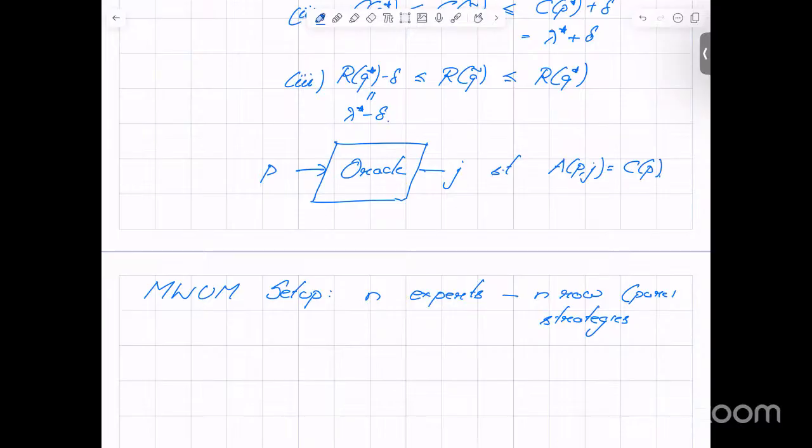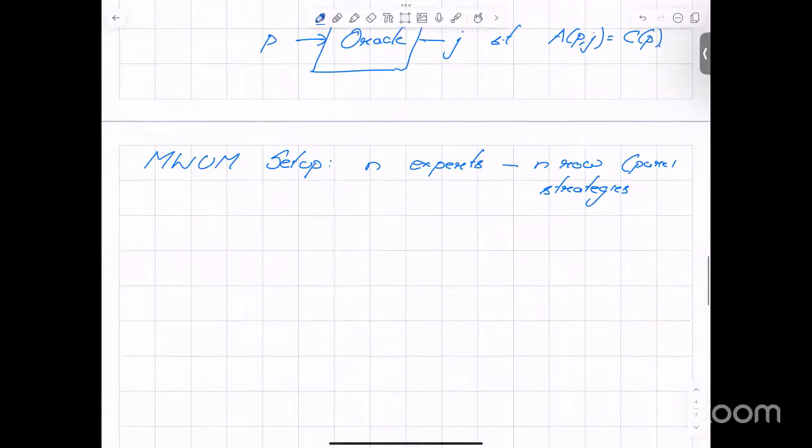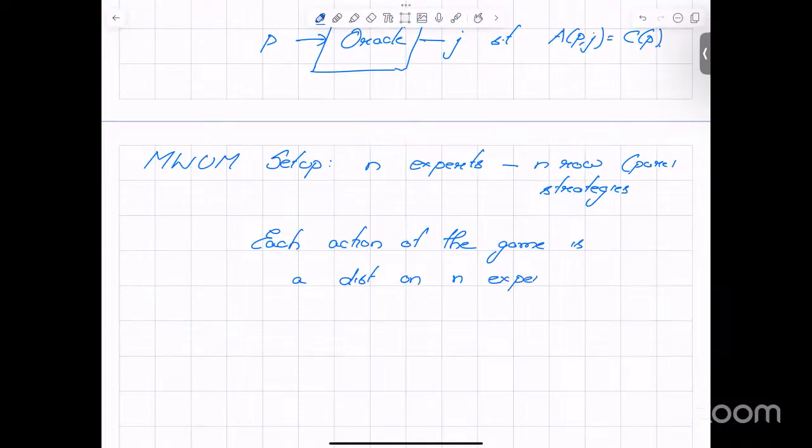So each action of the game is a distribution on n experts, which is a mixed row strategy.